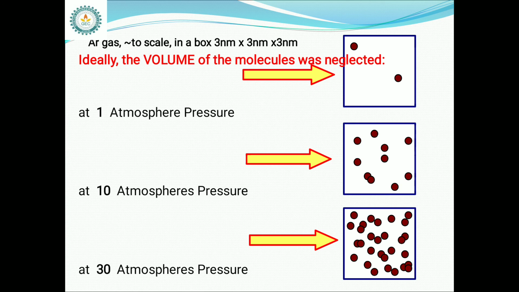Under 30 atmospheres, the molecules bombard each other and form into a single molecule. So this is the basic scenario of real gases: how gas molecules function in a real gas and how they function in an ideal gas. This is the basic example of how the gas molecules of real gases behave under different pressure conditions.